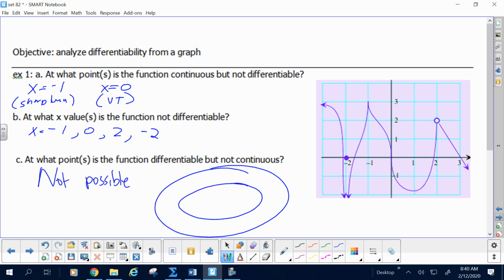Differentiable is a subset of continuity. You cannot be differentiable but not continuous, yeah? So just for matter of practice, give me something to put here on the Venn diagram. Give me a graph I could draw here.